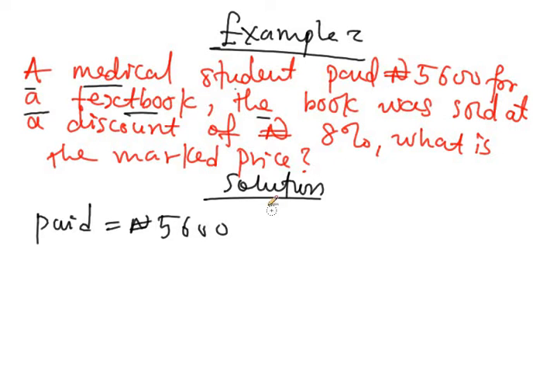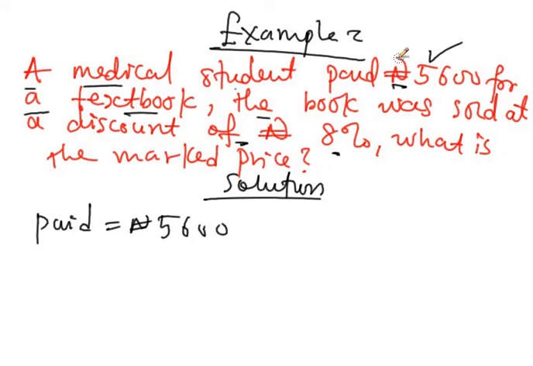That means the shopkeeper sold the book for 5,600 naira. He has already removed the discount of 8% before he sold it to this guy for 5,600. This was not the original price of the book, because according to the question, the book was sold at a discount.